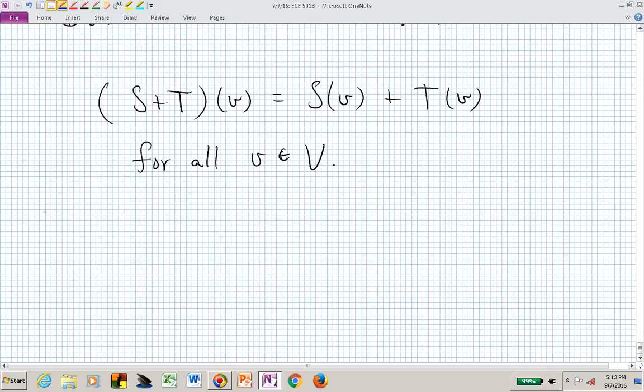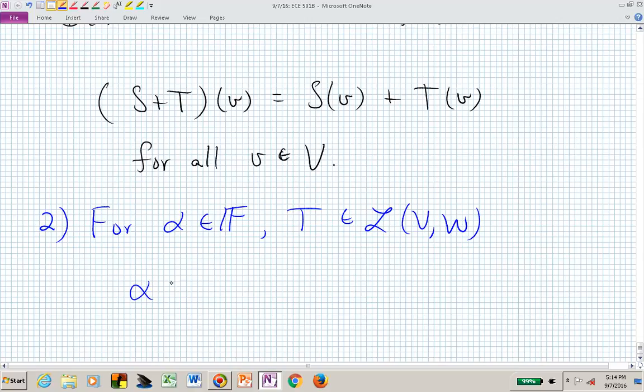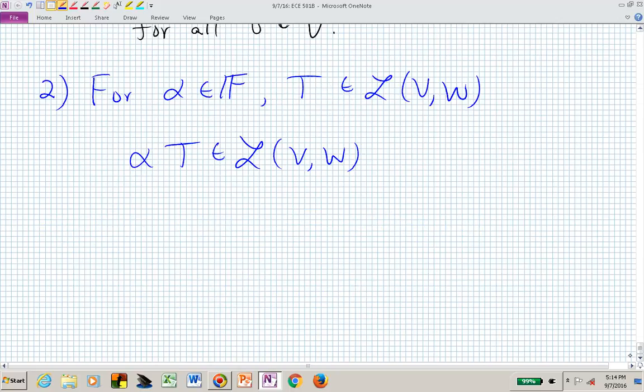And for our second, scalar multiplication, we can say for alpha that belongs to our field F, and T an element from our set of linear maps, we can now say that alpha T, since that is just a scaled version of the map T, applied to the vector V, we will define to equal alpha times T of V, and that's our scalar multiplication.